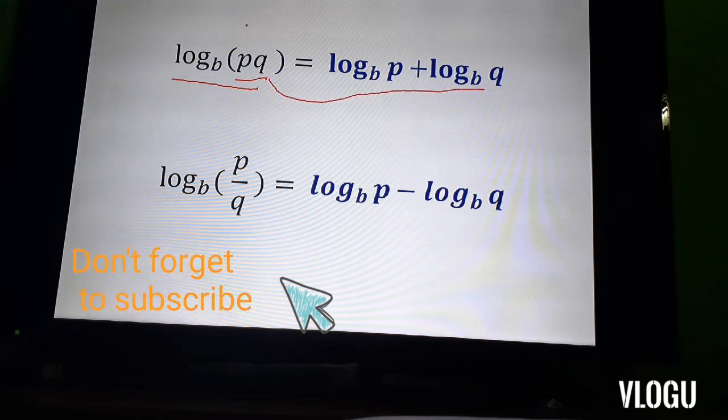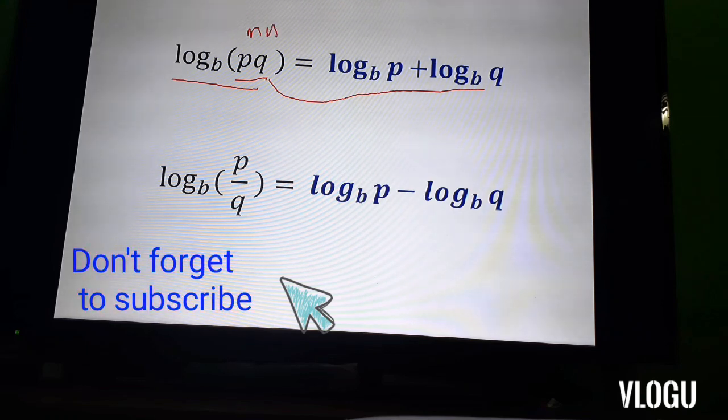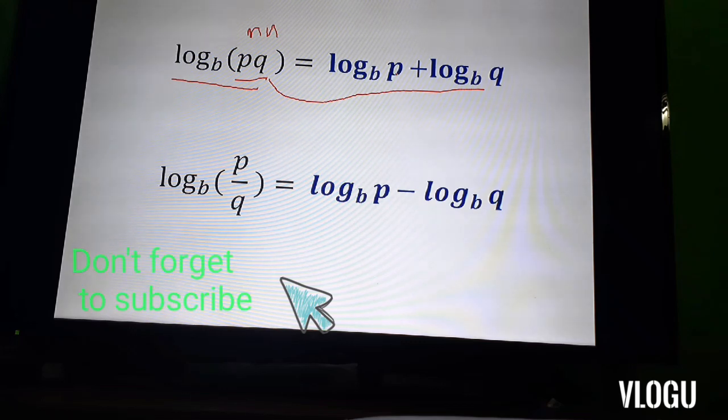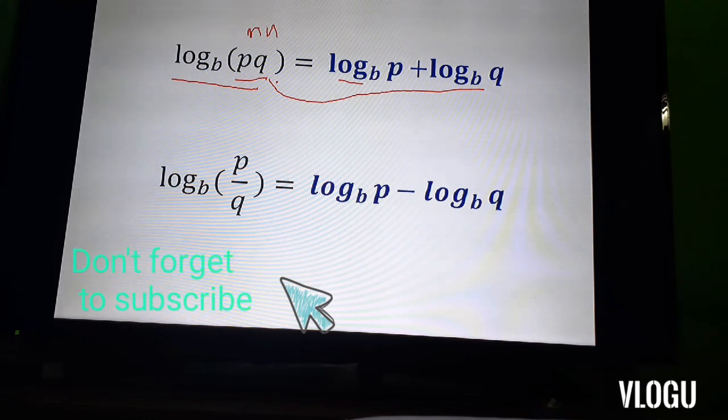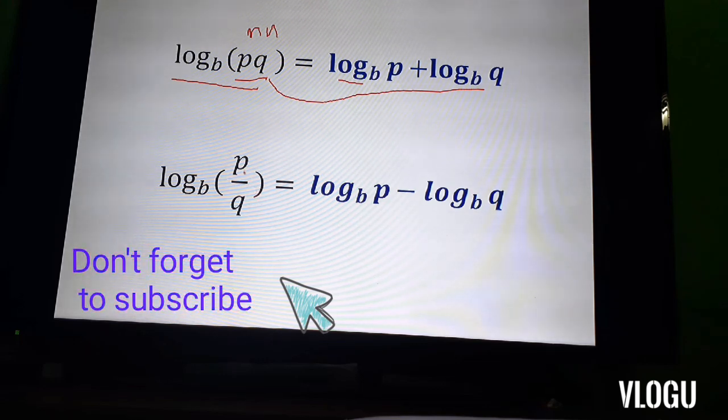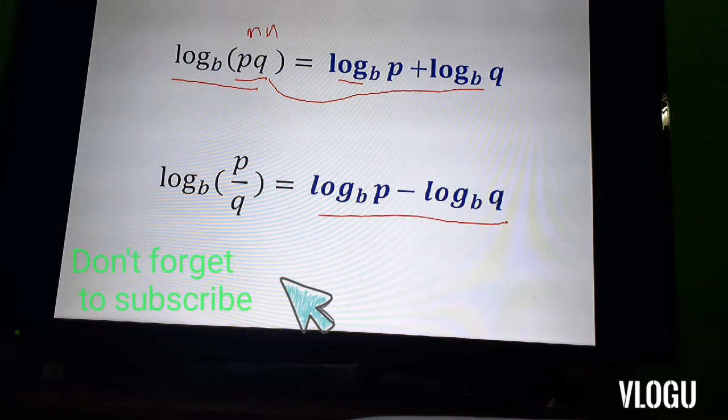Kunyari, this is M and N. So, pwede rin po natin ito ma-rewrite sa pamamagitan ng log M to the base B plus log N to the base B. Ibig sabihin nun, ang product ng isang logarithm ay pwede po natin ma-solve sa pamamagitan ng sum of that two logarithms. Yung pangalawa naman po is the quotient of the logarithms of P and Q is also equivalent to their difference of that given logarithms.